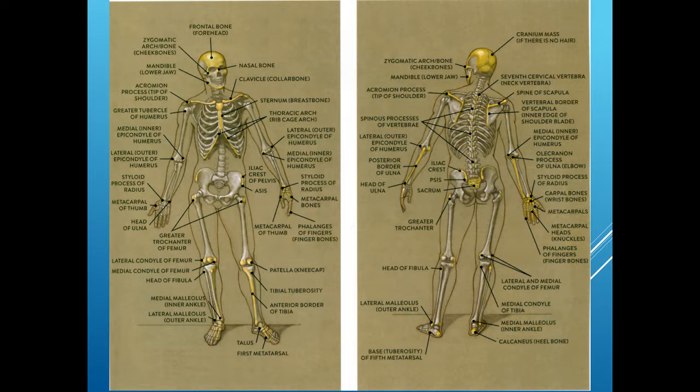Other things you would be able to feel include the acromion process, which is the tip of the shoulder right there. I do recommend, as we're talking about these, that you try to pinpoint these on yourself. Try to find the tip of your shoulder and feel the acromion process.